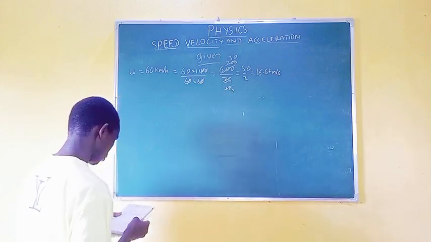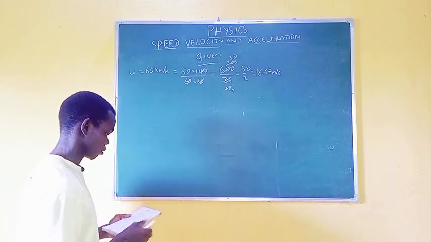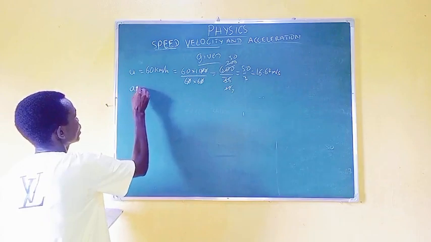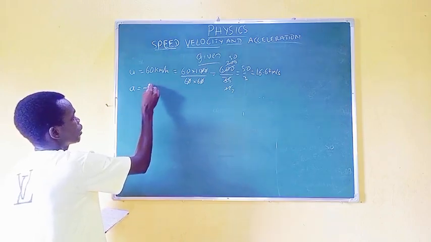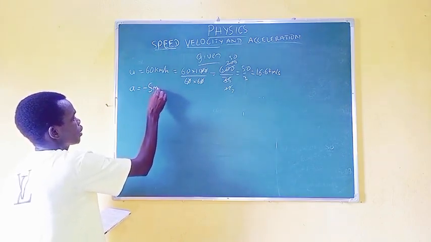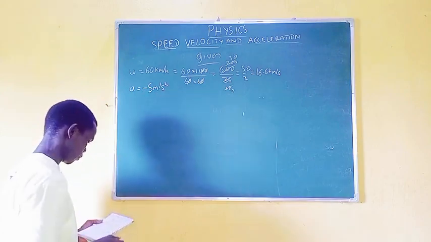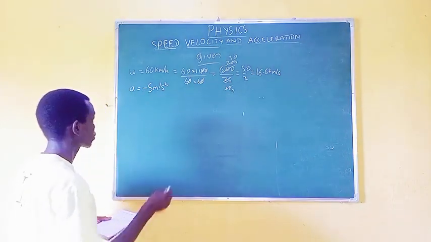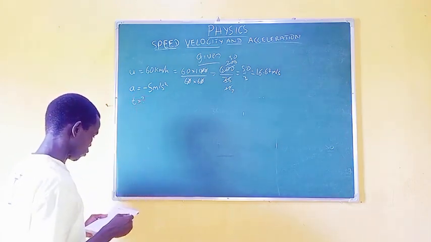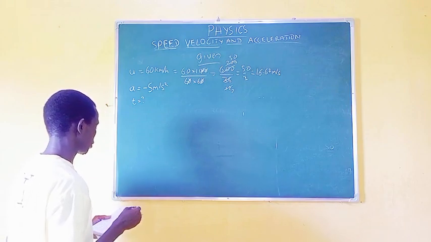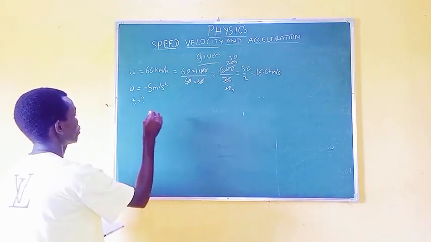We are also given the deceleration, where acceleration will be negative. We have minus 5 meter per second square. We are asked to calculate the time taken for the velocity to reach a final velocity of 36.